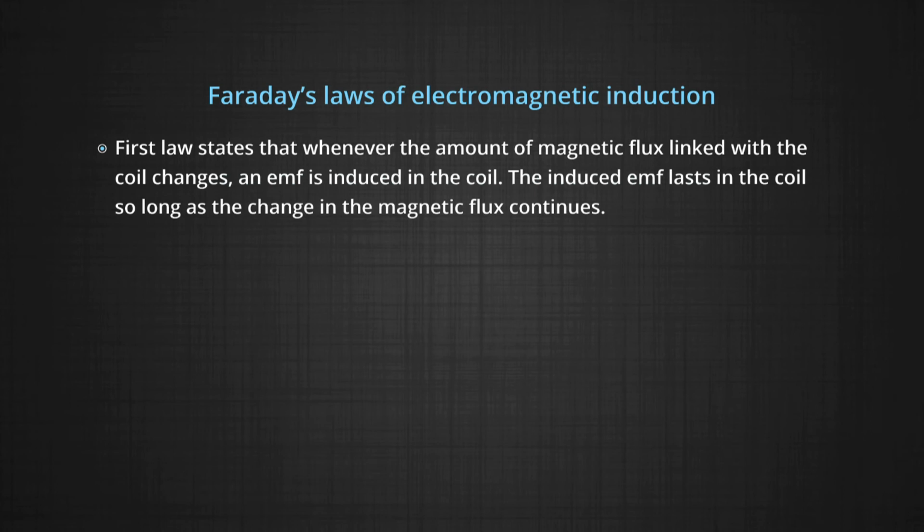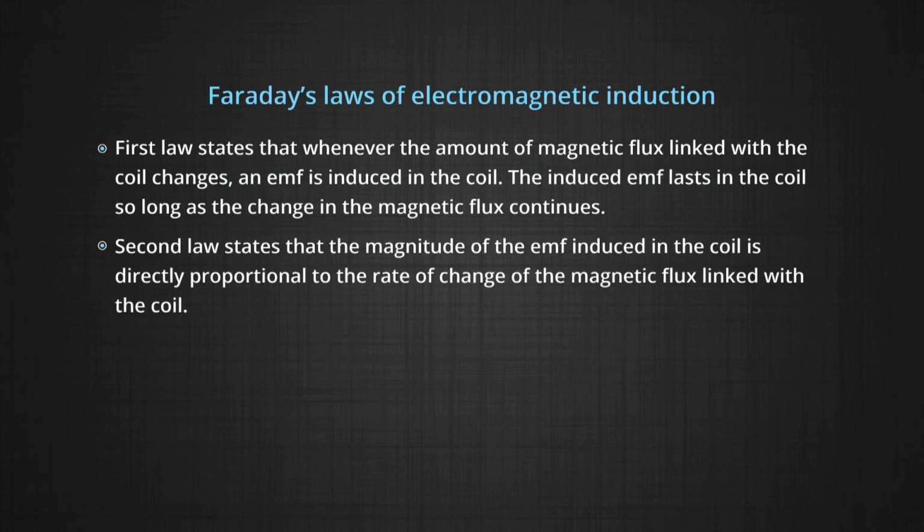The induced EMF lasts in the coil so long as the change in the magnetic flux continues. The second law states that the magnitude of the EMF induced in the coil is directly proportional to the rate of change of magnetic flux linked with the coil.